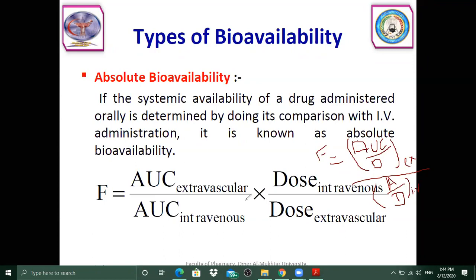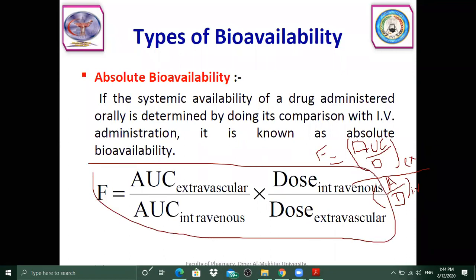Okay, and when we make it into a formula, we derive this particular formula. So absolute bioavailability will be area under the curve upon dose of extravascular, upon area under the curve upon dose of intravenous administration.